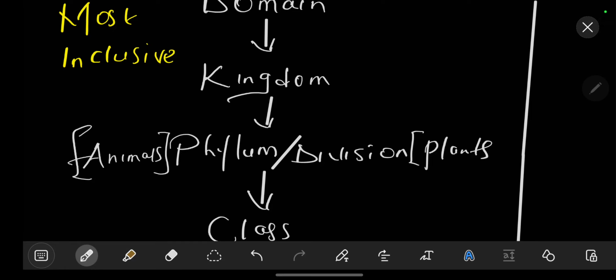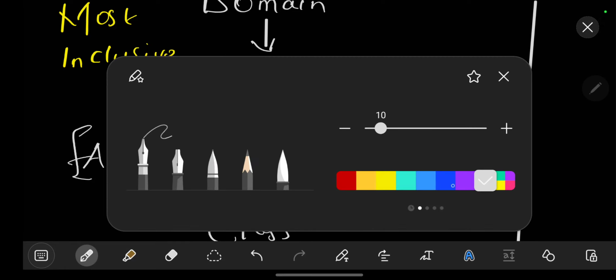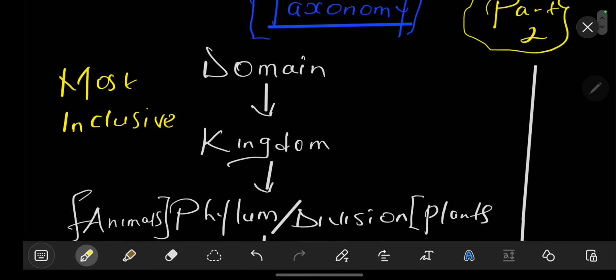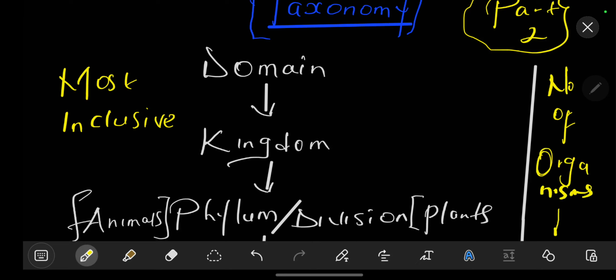So as we go from top to bottom, let me change my pen. The number of organisms increases. You see that now?